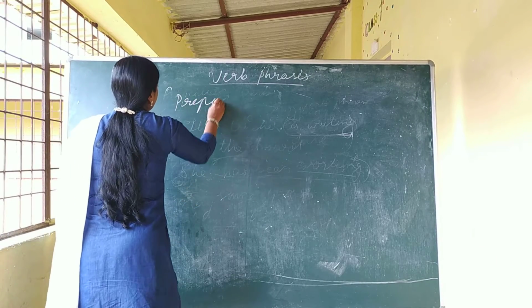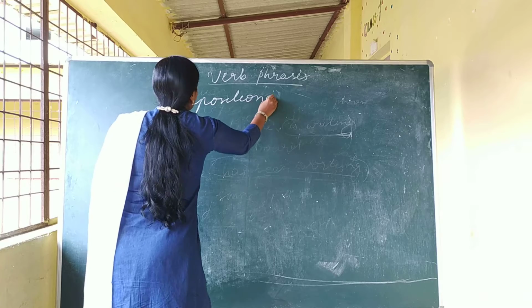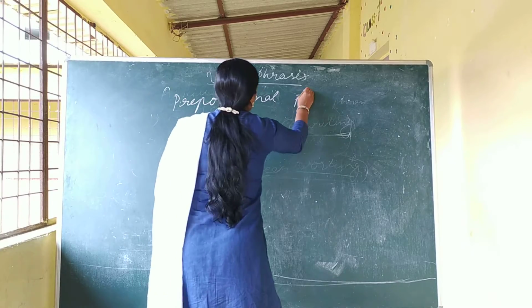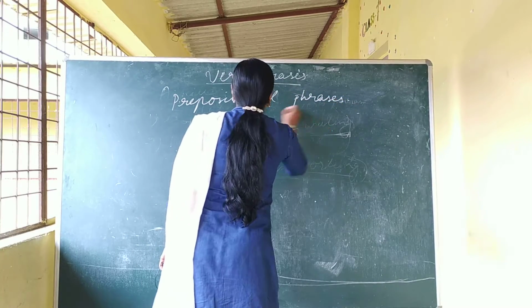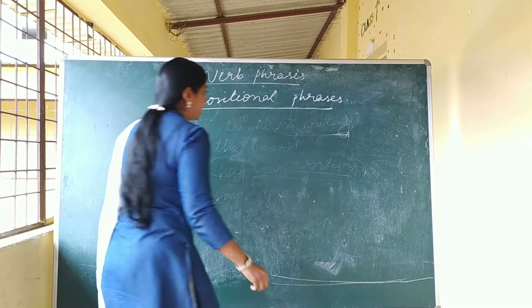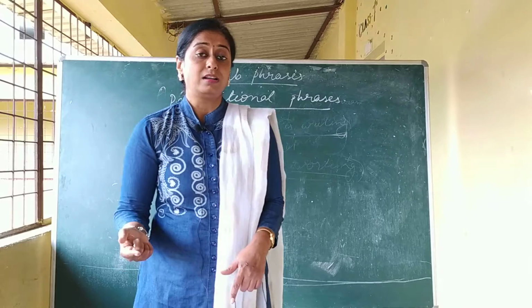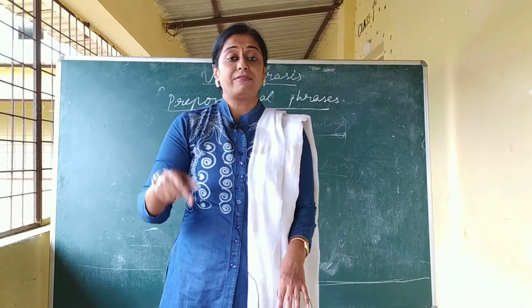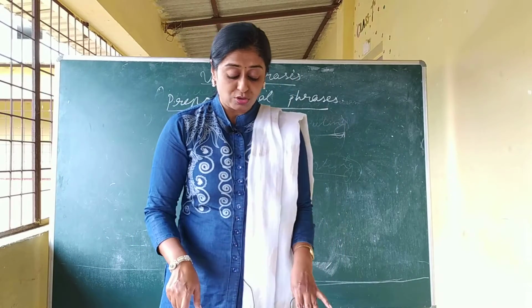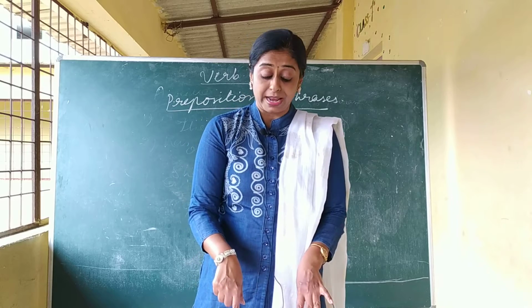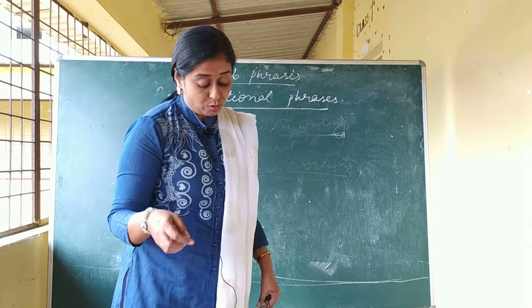Next comes prepositional phrases. Okay, so here a preposition is added. We know about the prepositions: in, on, under, before, behind, in front of. These are the prepositions. Okay, so in the sentence these prepositions also are added. Suppose one example I'll give you.